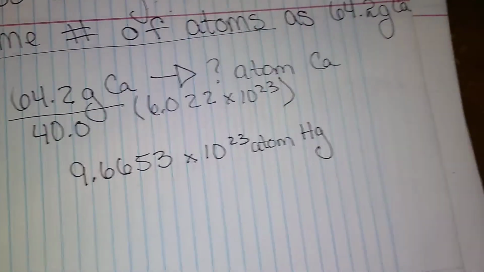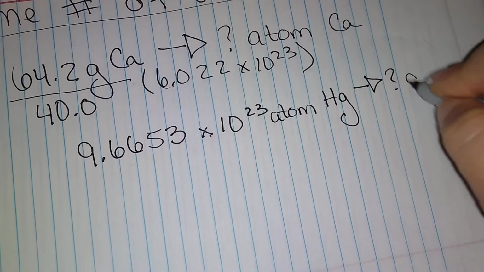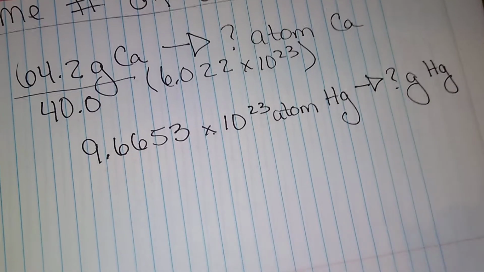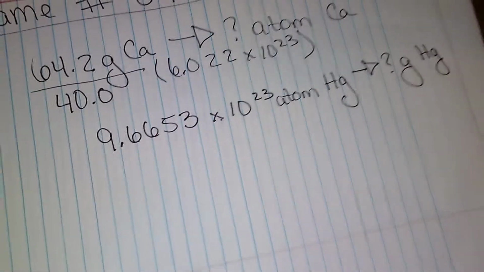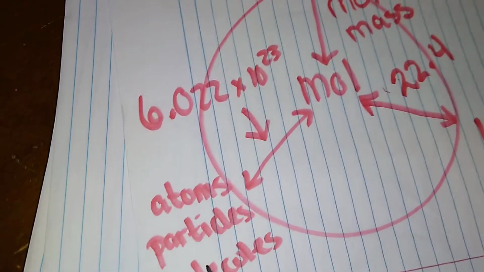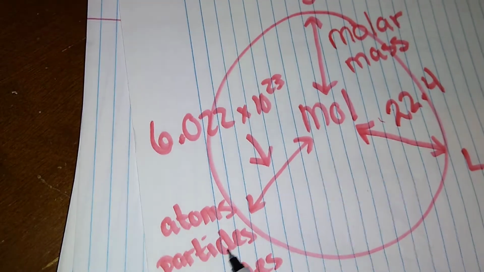But we wanted to know what the mass was of mercury, so our problem is actually how many grams of mercury. Okay, so from there, what you would do is you would say, all right, well, I'm still at atoms. So I have this many atoms of mercury.